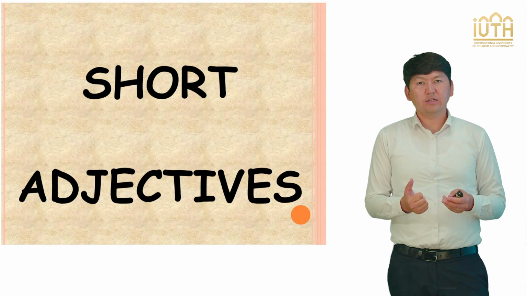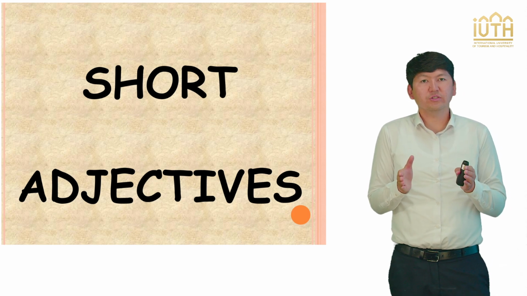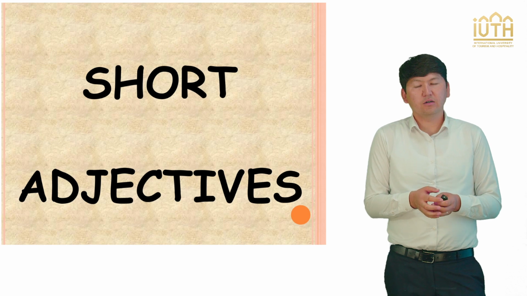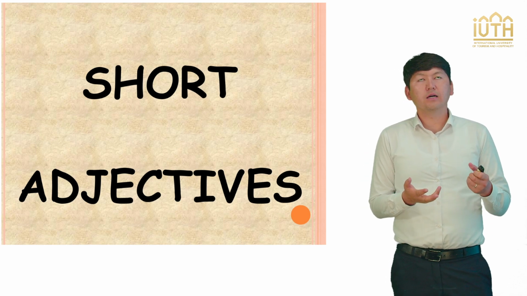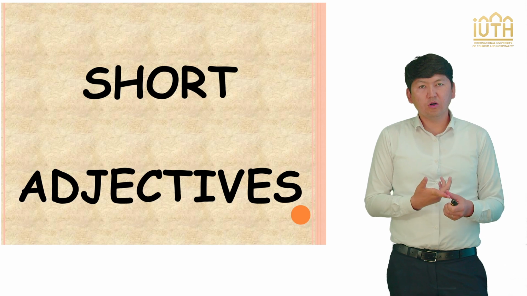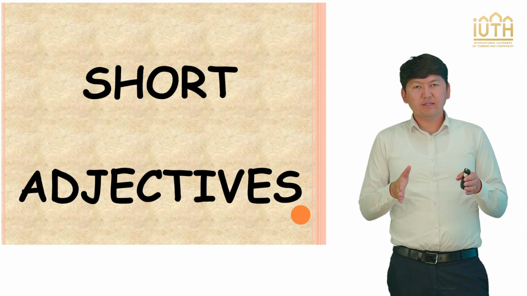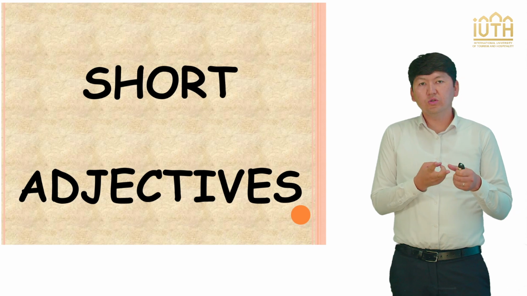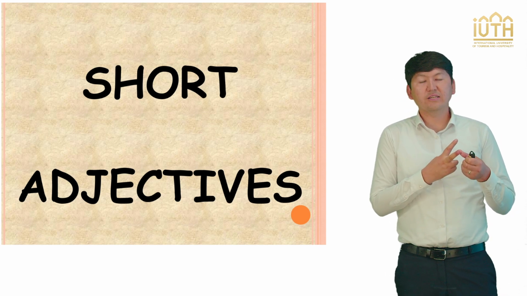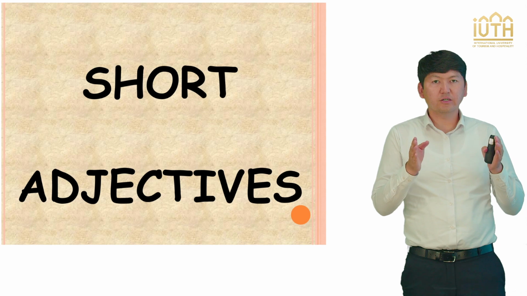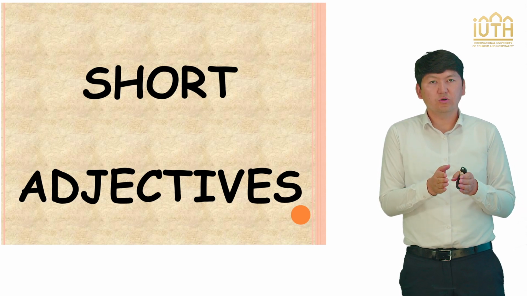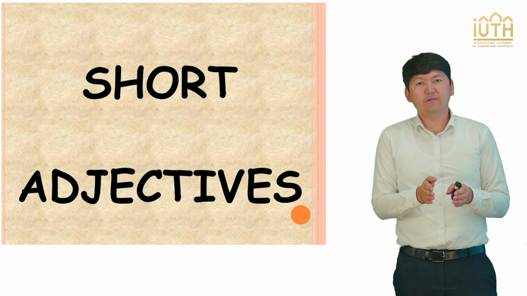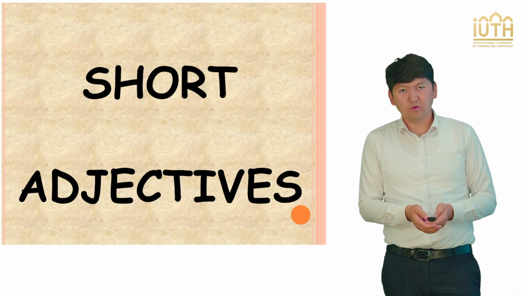superlatives. If you have a short adjective, like old, new, big, small, these are one-syllable or two-syllable adjectives. They are short. So for them we have a rule.